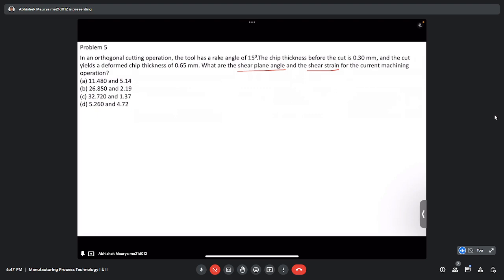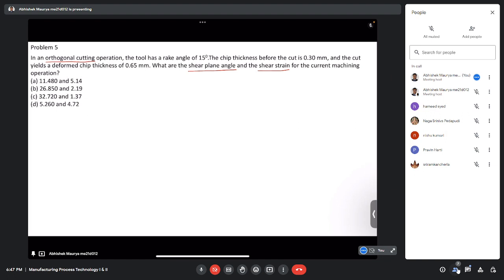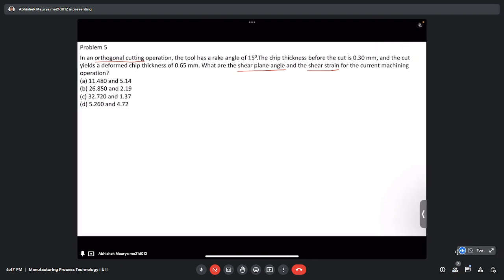So what is being asked in the question? In orthogonal cutting operation, the tool has a rake angle of 15 degrees. The chip thickness before cut is 0.3 mm, and the cut yields a deformed chip thickness of 0.65 mm.